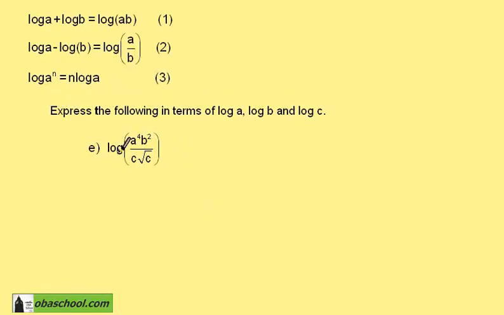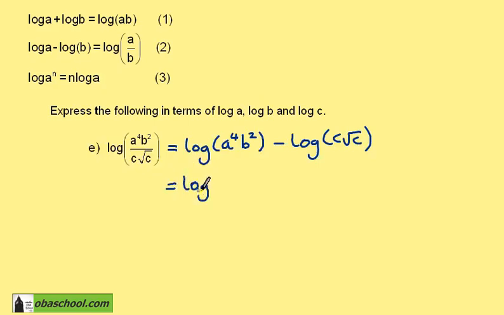For this one here, we split initially as this law, so we'll get the log a to the 4 b squared, take away log of c times root c. This one is then a type 1, so it becomes log a to the 4 plus log of b squared, and c root c is c times c to the half.